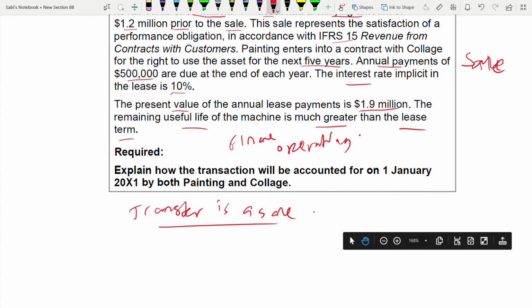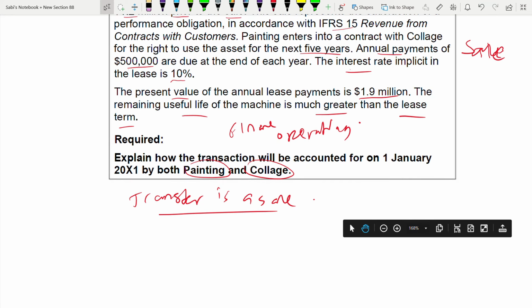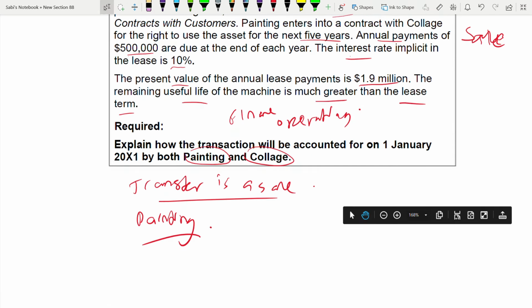How do you account for this now, by both Painting and College, both the parties, lessor and the lessee? Painting first has sold to College, then leased it back from them. So here, because Painting has sold it to College, remove the carrying amount of the machine. First we'll talk about Painting. The best thing to start is with the one who has sold it.